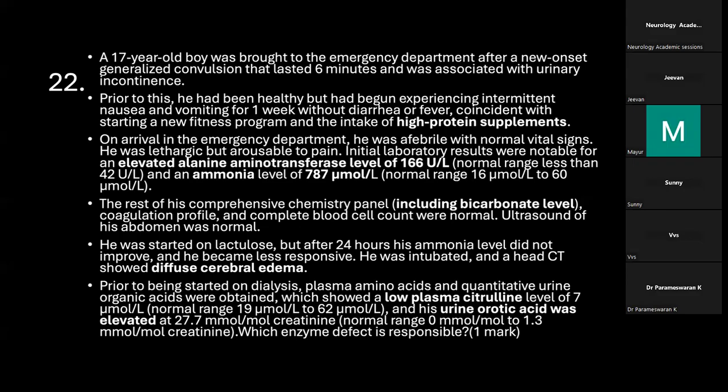On arrival in the emergency department, he was febrile with normal vital signs, lethargic but arousable to pain. Initial labs suggested an elevated ALT of 166 and ammonia of 787. The result of his comprehensive chemistry panel, including bicarbonate level, was normal and USG abdomen was normal.